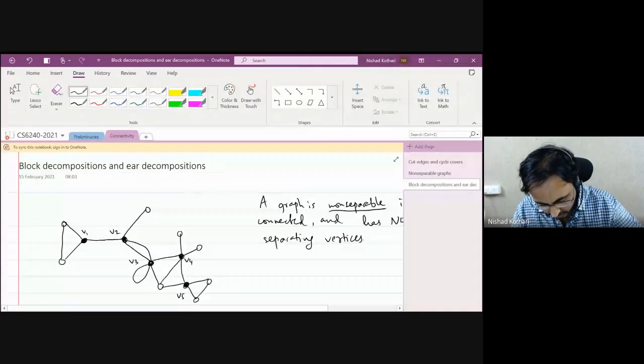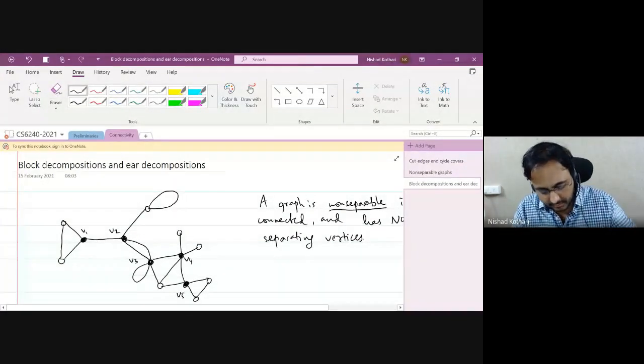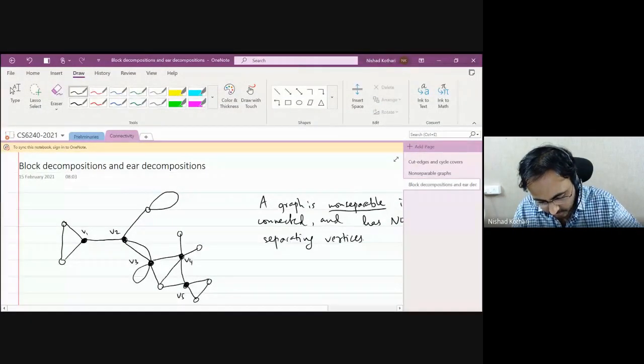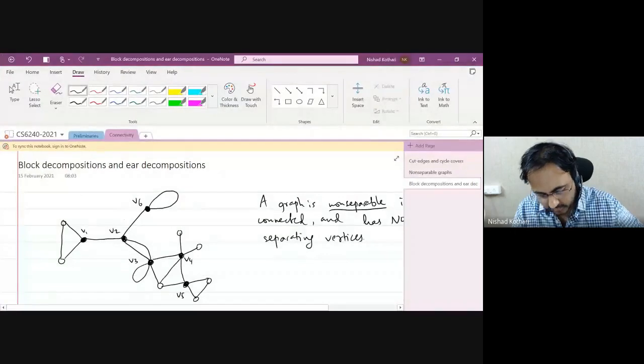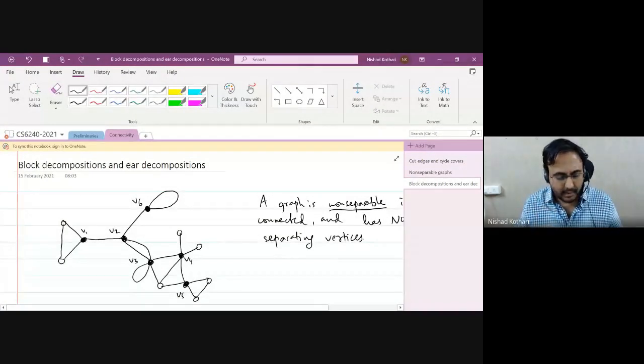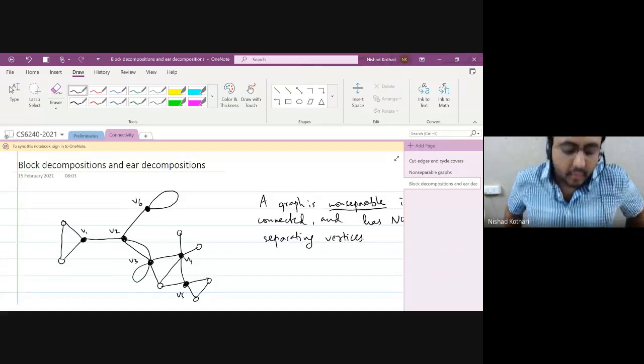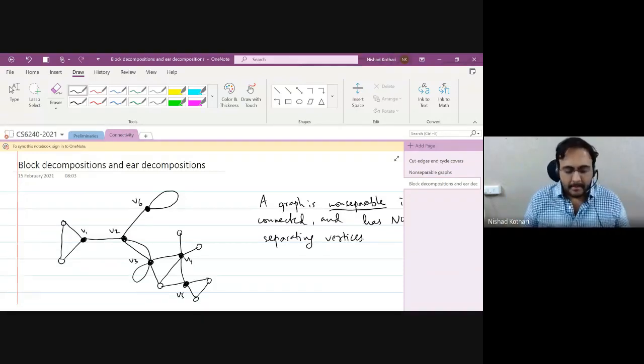So there is a vertex here that is a separating vertex, but it is not a cut vertex. That one is V6. Now we are focusing on the separating vertices. If your graph is loopless, then these two concepts, separating vertices and cut vertices, are the same. So these are your separating vertices in this graph.